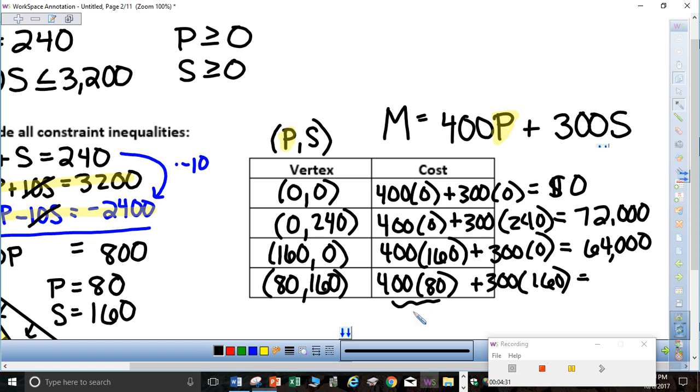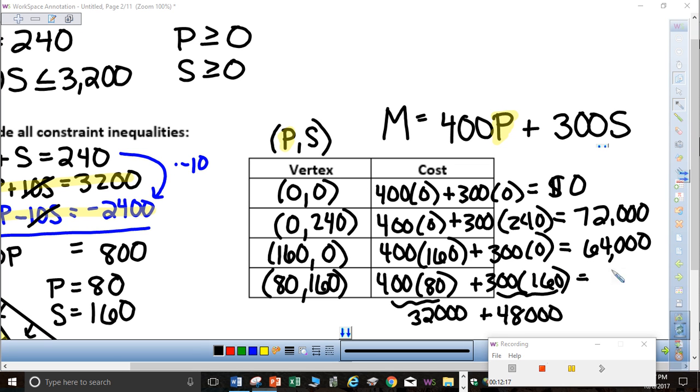All right, so 400 times 80 is going to be 32,000. 300 times 160 is going to be 48,000. So putting those all together, 32 and 48 is 80. We'll keep those zeros on the end, so look, that's going to be our best combination.